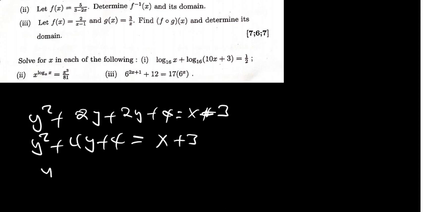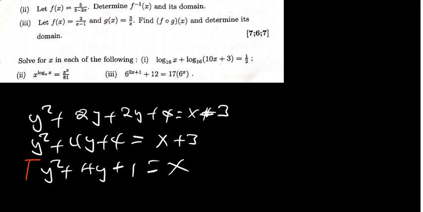We are going to have y squared minus 4y, and 4 minus 3 is 1, plus 1, is equal to x.